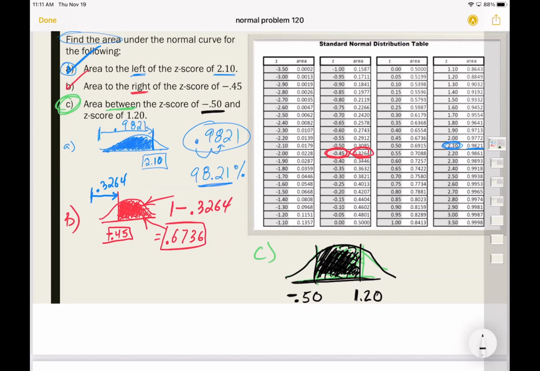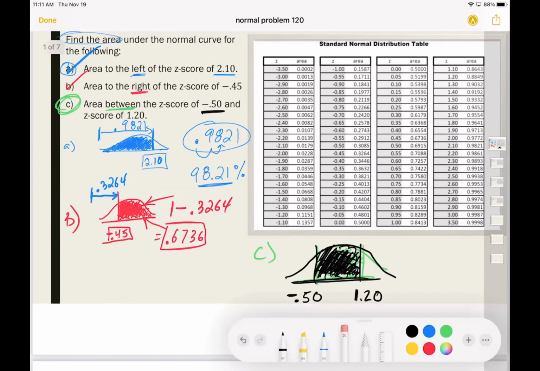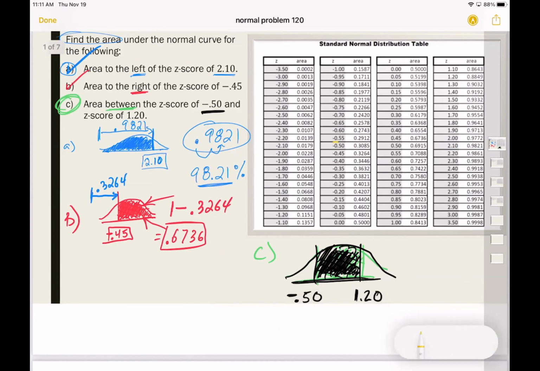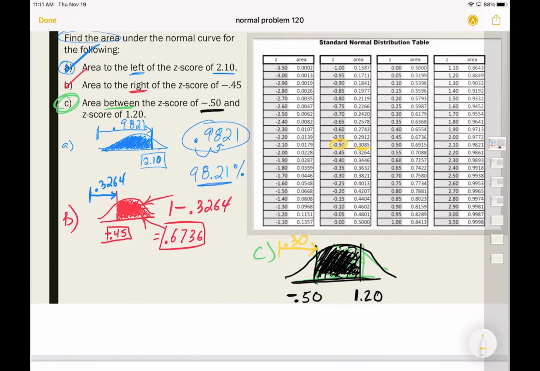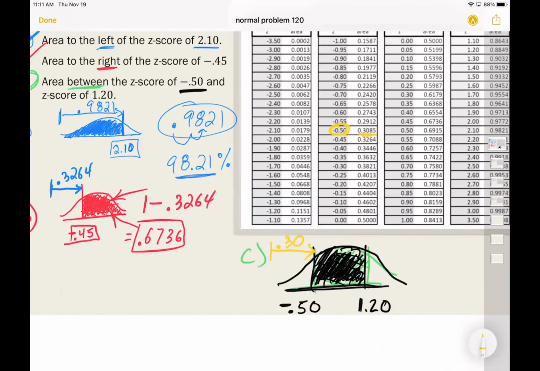So how do I find this area in between? Well, first of all, let's take a look at this item here. Where is my negative 0.50? Do you agree that negative 0.50 is right here? And the corresponding area from here to here is 0.3085.